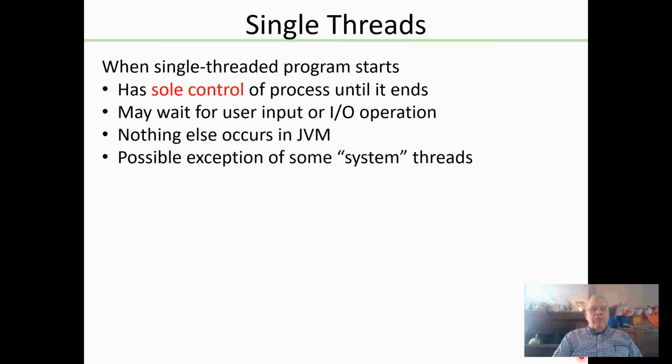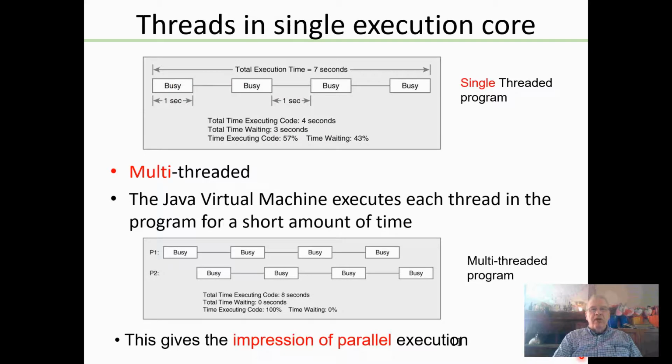So a single-threaded program has sole control of the process until it ends. It might wait for user input or input-output, but nothing else occurs in the Java virtual machine, except possibly some system threads interrupted and swap in. Here's a chart of an example of a single-threaded program.